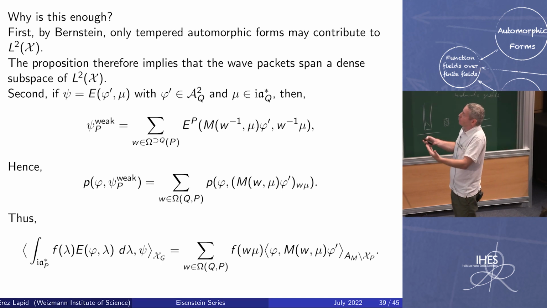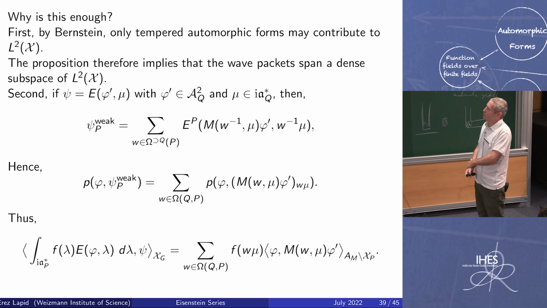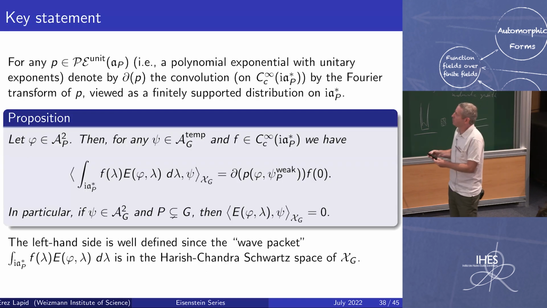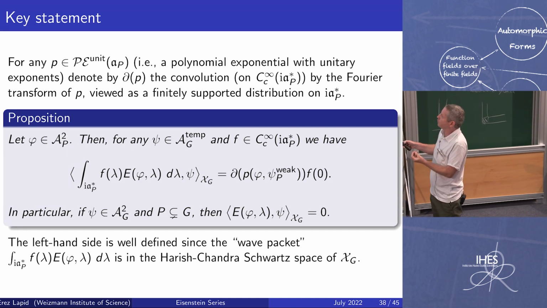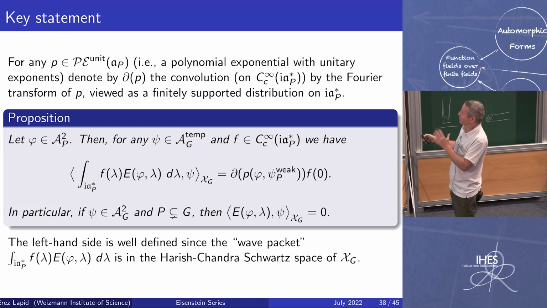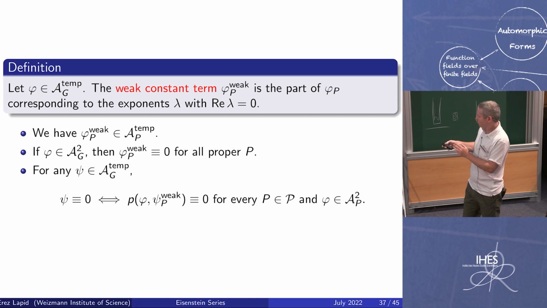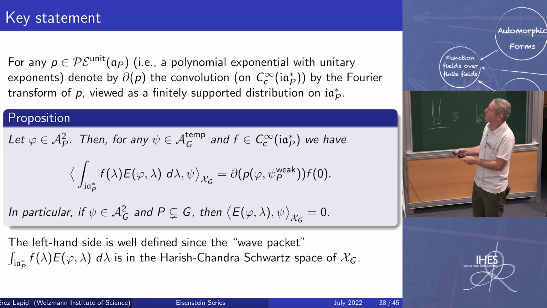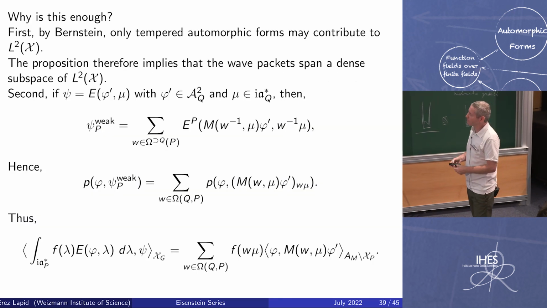So for instance, if you want to show that these wave packets are dense, it's enough to know that they don't pair to 0 with any psi, so for any psi non-zero, you will get something non-zero by some choice. And that's exactly what we said before, if you remember, this property. This property and Bernstein's result tells you that once you have this formula, the wave packets are dense.